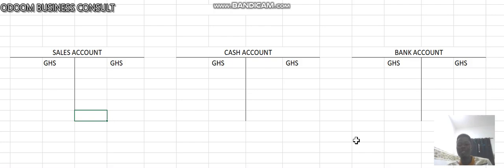Now cash is coming in. So between the cash and the sales account, it is cash that is coming in, and so the cash account will be debited. So that is the first stage of the transaction between cash and sales. So we are debiting cash account in the name of sales, which is 40,000.